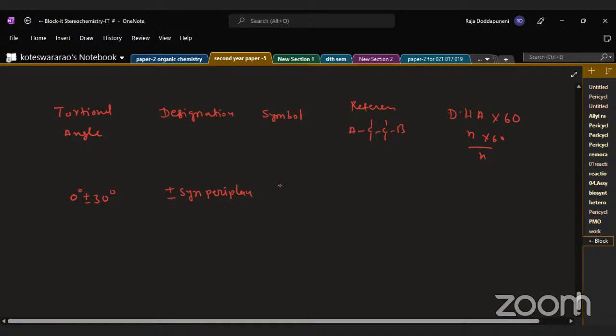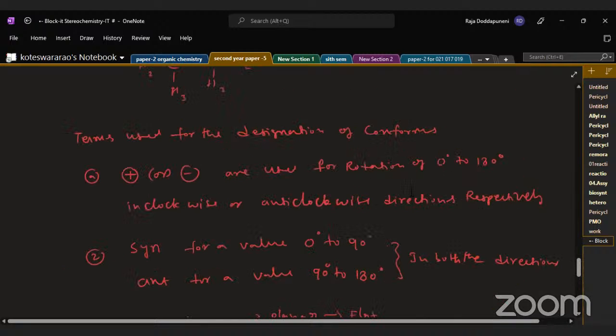The designation is plus or minus 60. Next, the structure is known as cissoid, eclipsed. This is the first structure when we give the conformation structures.